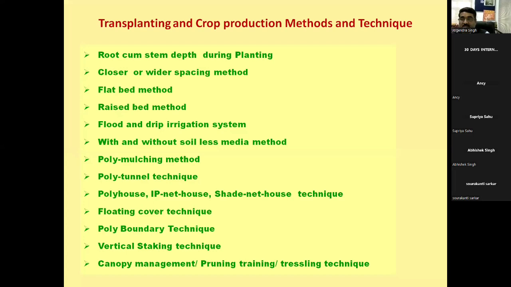And finally, as a micronutrient, calcium nitrate will be more important and boron will be more important. So if you use them at monthly intervals, they can control the disorders, blossom end rot and cracking of the fruit, under greenhouse conditions. So these are the nutrition levels.